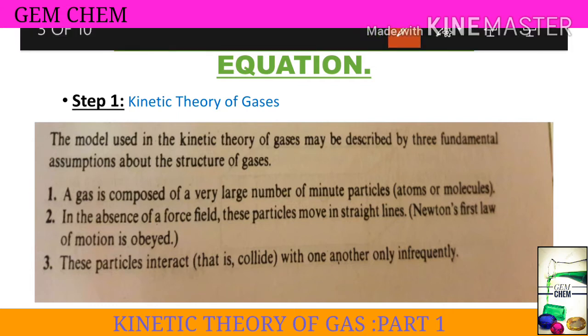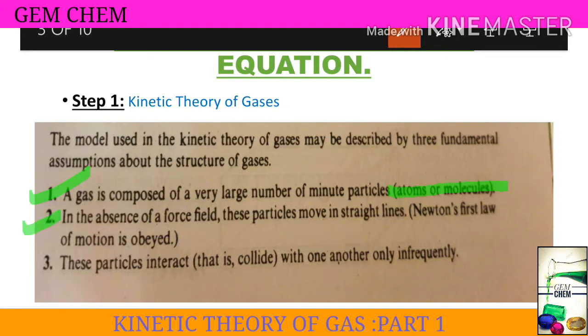Now first, it tells that a gas is composed of a very large number of minute particles, maybe atoms or molecules. This is the first point which it states. We have already known it from our childhood that gas is composed of very large number of minute particles.